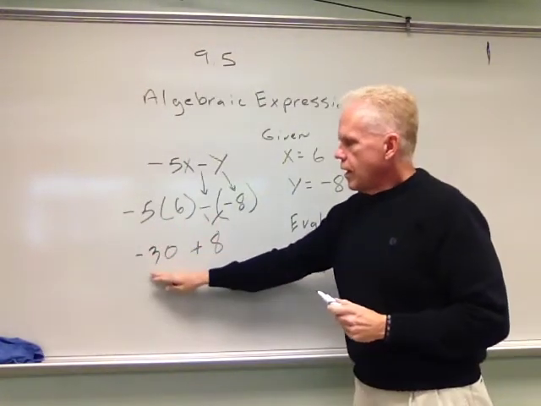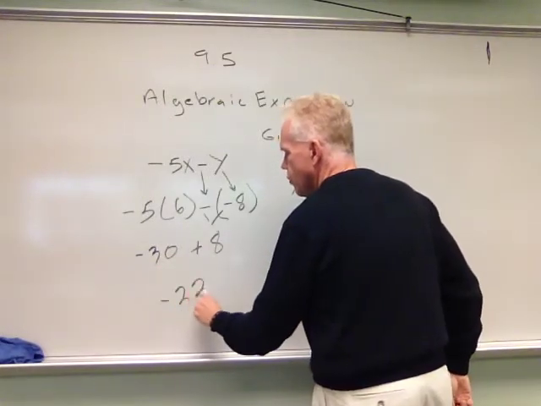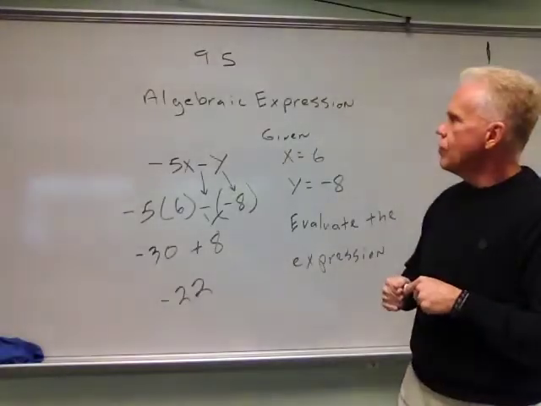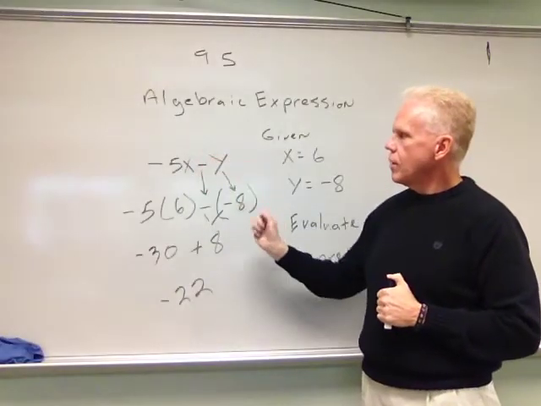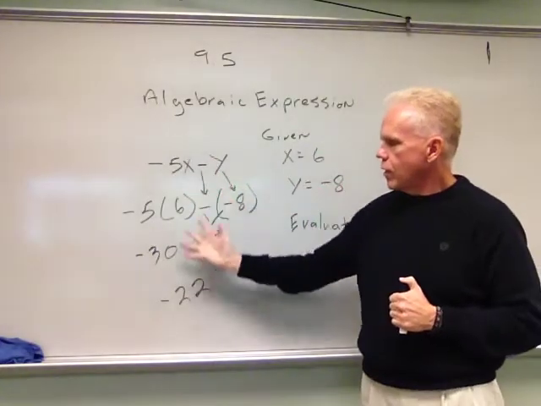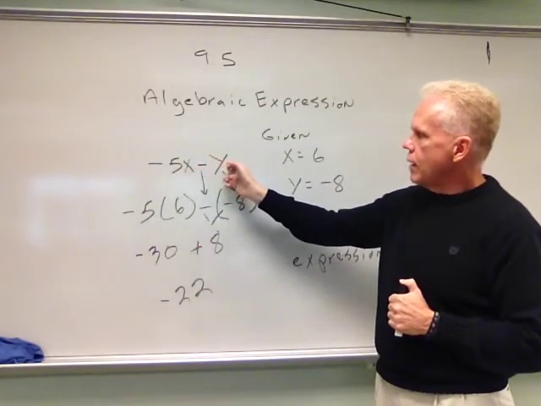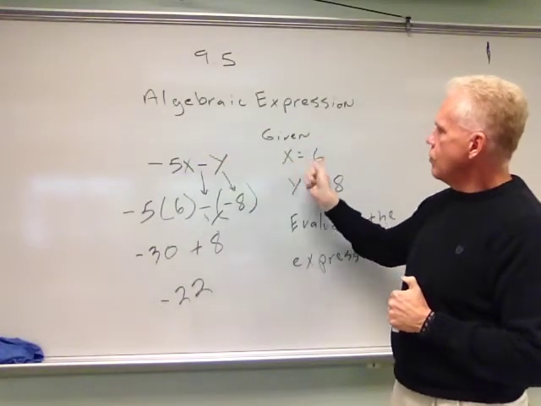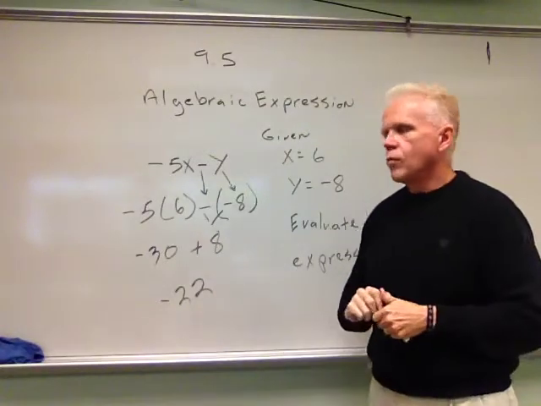And of course, -30 combined with a positive 8 gets me a -22. Pretty cool. So we took this two-term algebraic expression, substituted the values in, worked it out, and so -5x minus y, given x equals 6 and y equals -8, evaluates to -22.